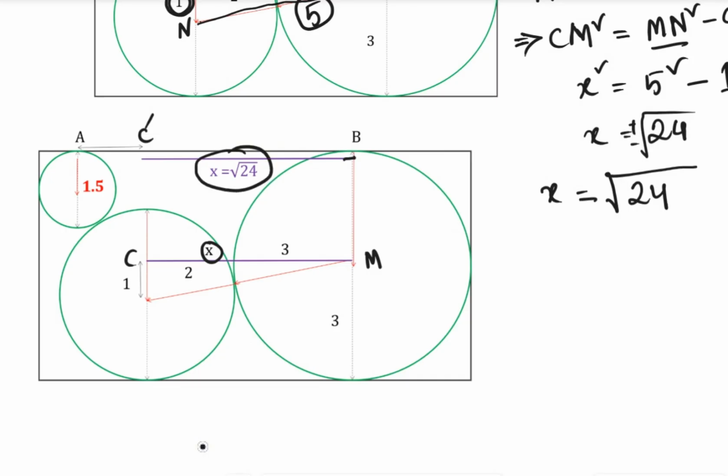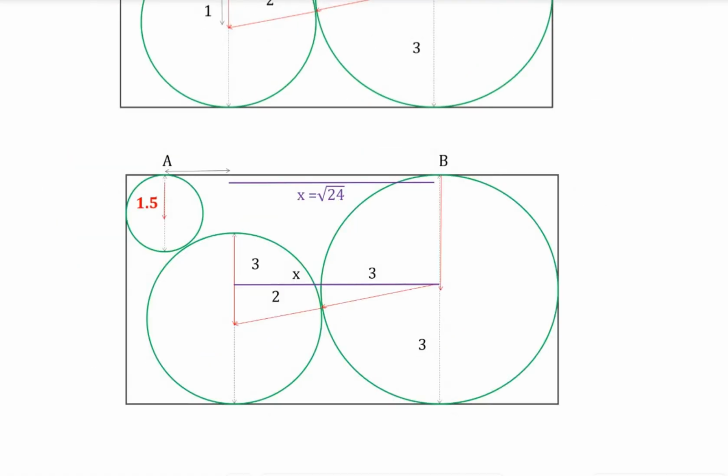Now our main objective is to determine the value of AC prime, right? What we have to do in this step is add the centers of the middle circle and the smaller circle.